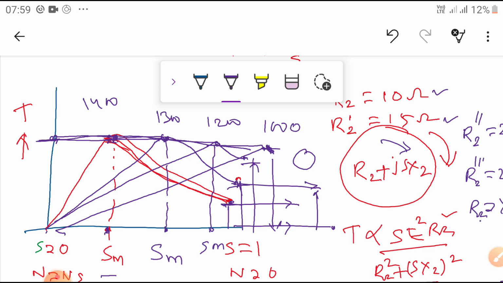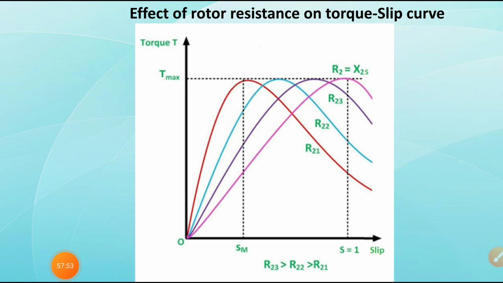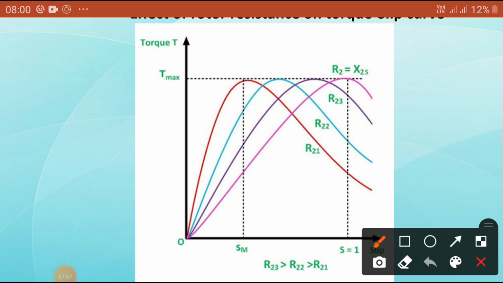Remember this one. Now you can see what has happened here. In the first case, this is the starting torque when the resistance is R21. Once resistance is added, the curve shifts in this direction. The maximum torque is the same, but the slip changes.